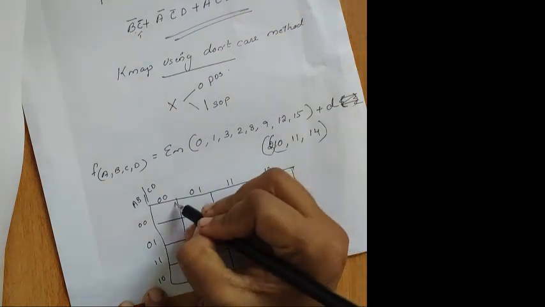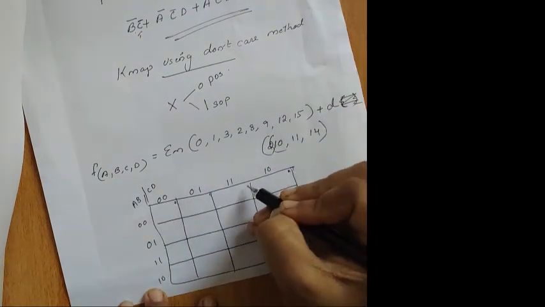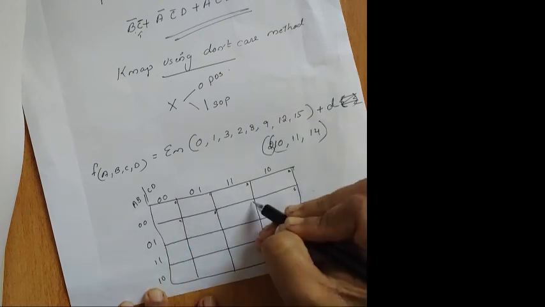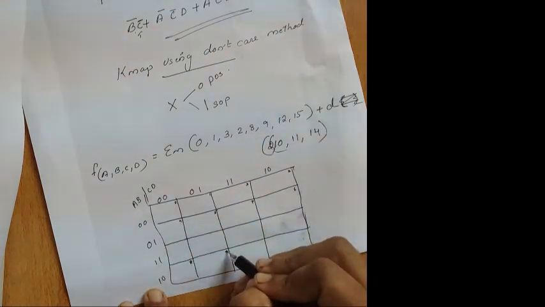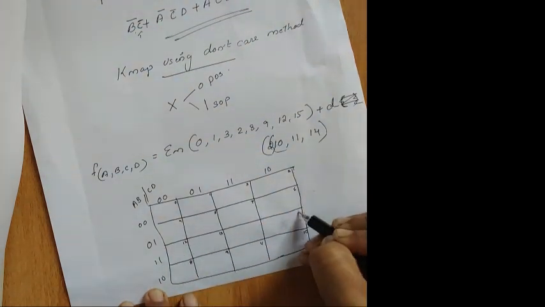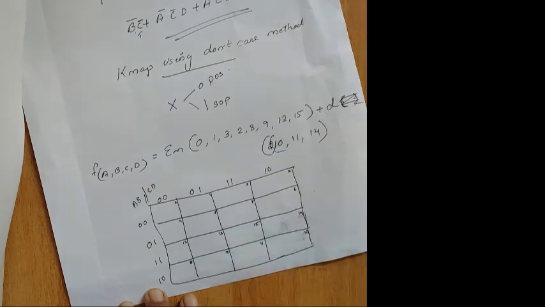And we know the positions 0, 1, 2, 3, 4, 5, 6, 7, 8, 9, 10, 11, 12, 13, 14, 15.